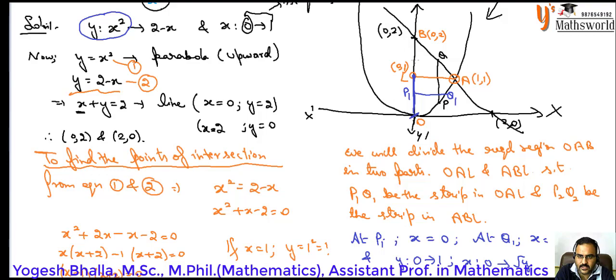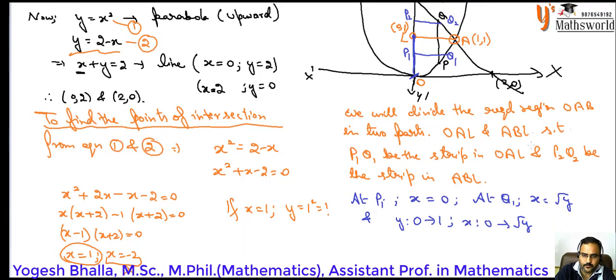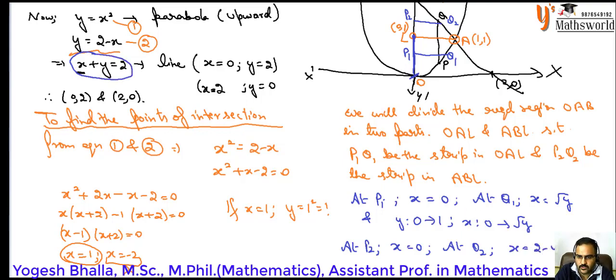Now let us consider the second strip, let it be this one, P2Q2. At P2, the value of x will again be 0 because it lies on the y-axis. Q2 is lying on the line x plus y is equal to 2, so x will be 2 minus y.